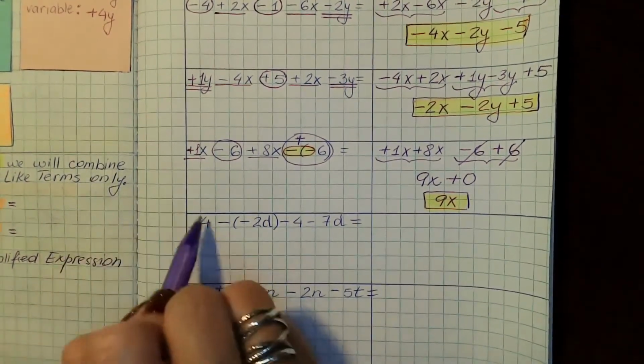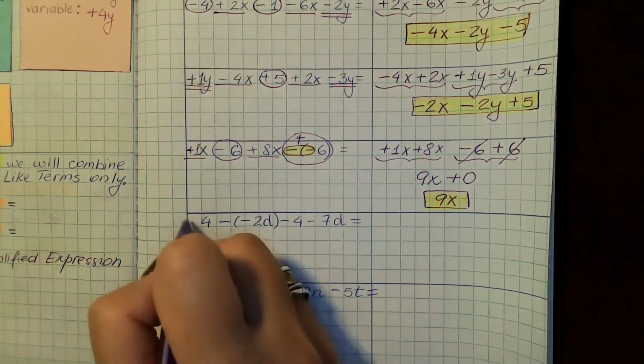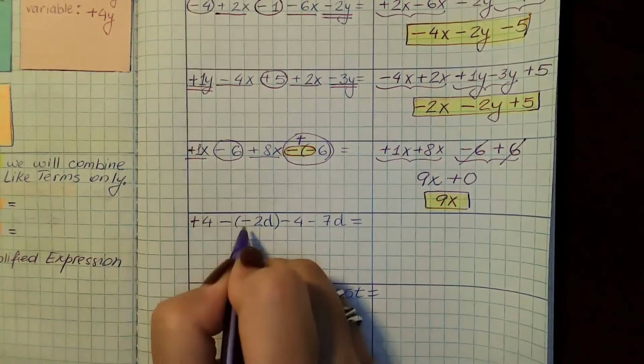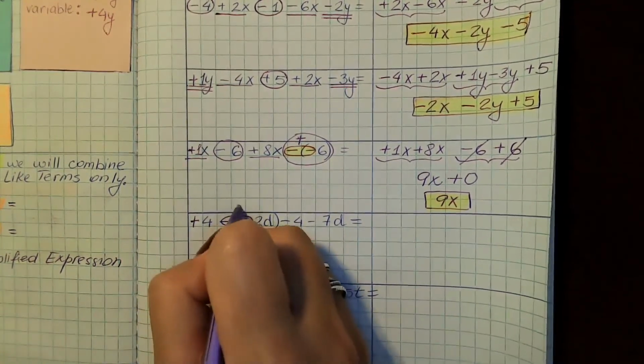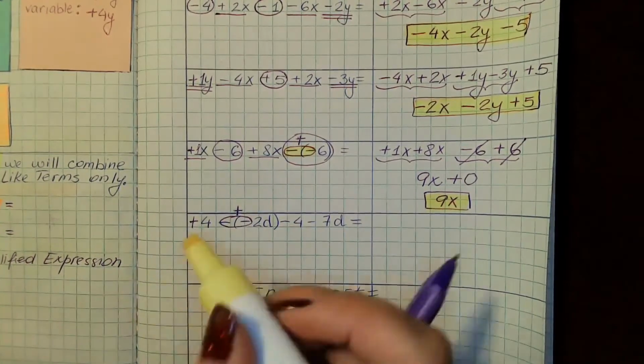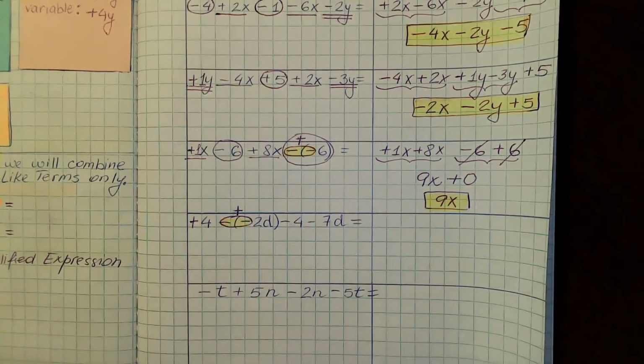So let's look at those double signs again. First term is 4. That means positive 4. Second term is minus minus 2d, which means plus 2d. So we need to make sure we replace the double sign with a single.